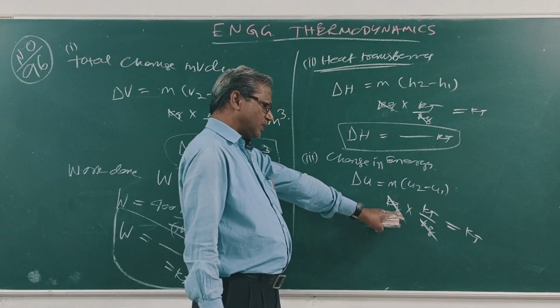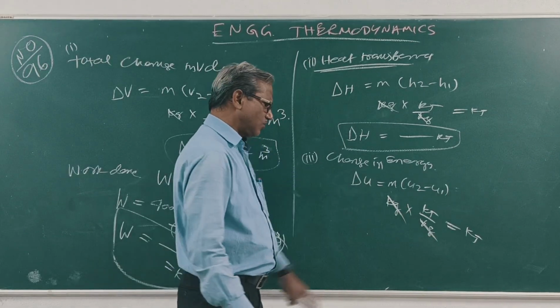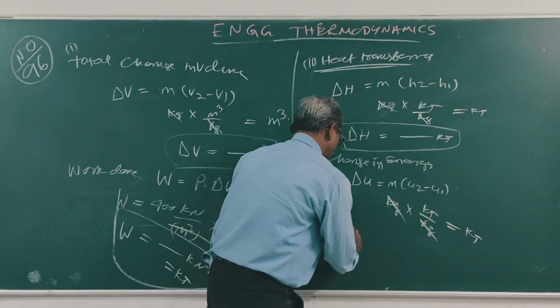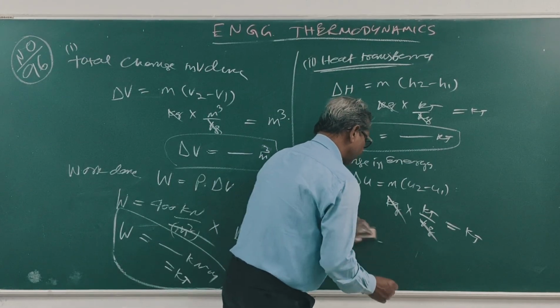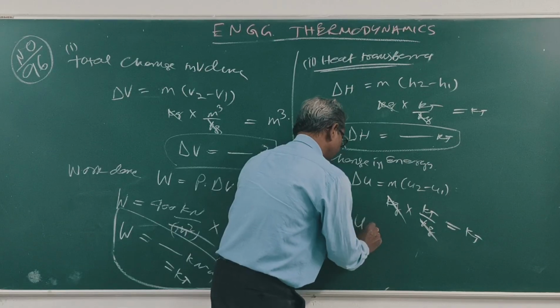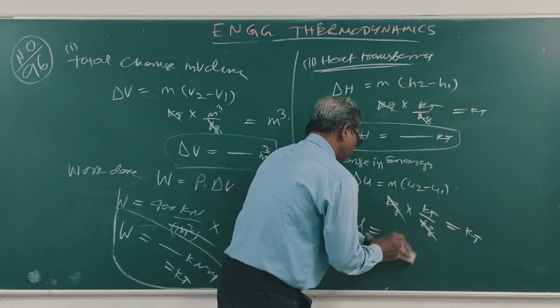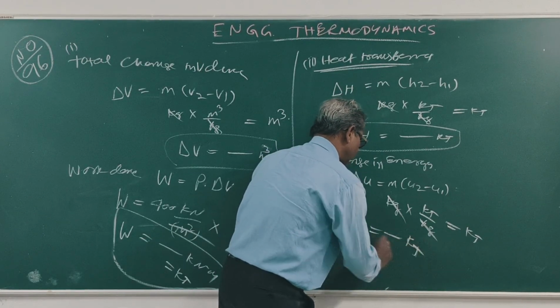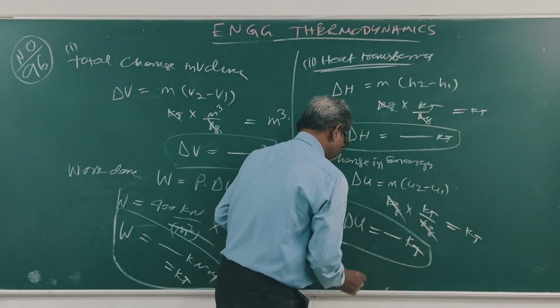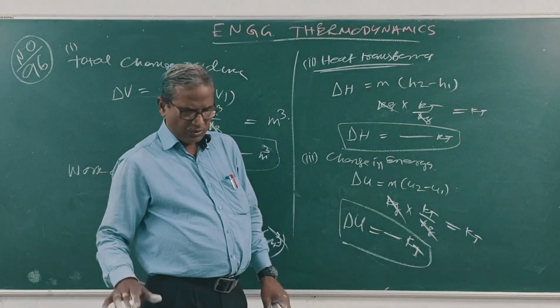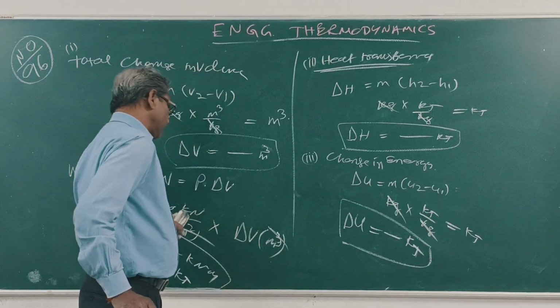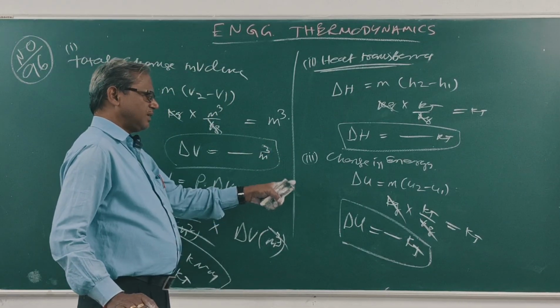Kg cancels out, answer in kilojoule. Clear? So delta U is equal to kilojoule. Right? This is change in enthalpy and change in energy.